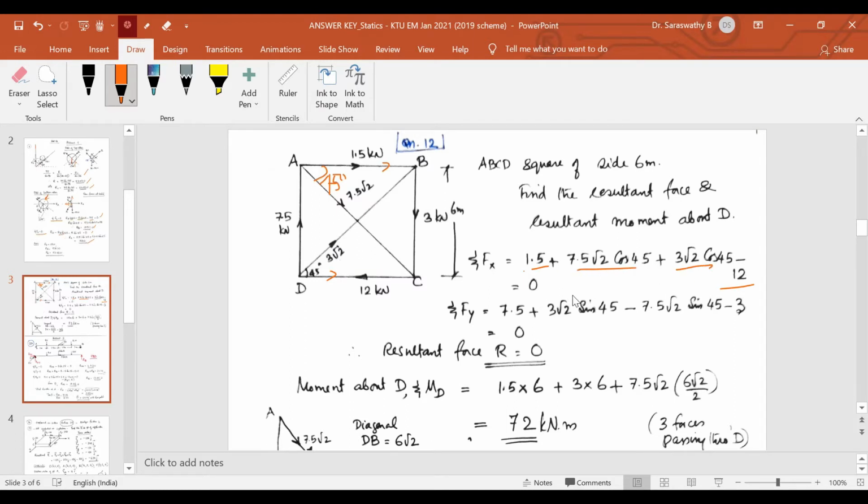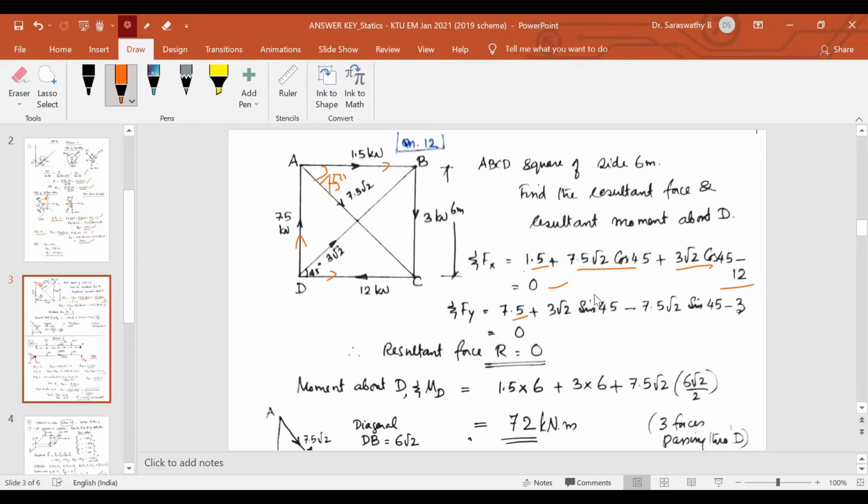When you add up all these together, you get an answer 0. Come to sigma Fy, the vertical forces. First vertical force 7.5 upwards. Then for the 3 root 2, its vertical component will be 3 root 2 sine 45, positive, because 3 root 2 is away from the joint, so its vertical and horizontal components will be away from the joint.